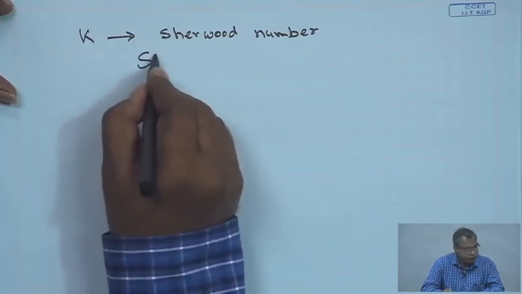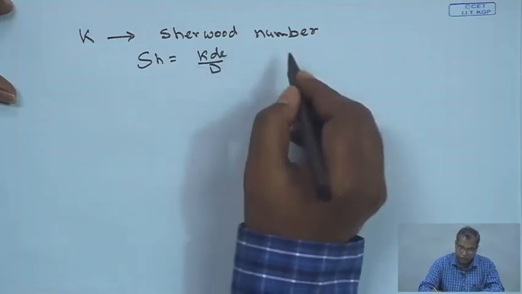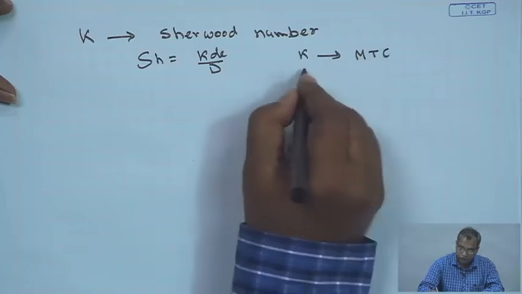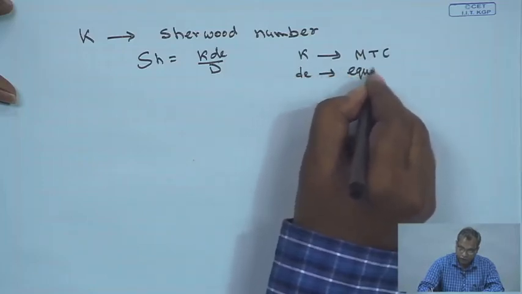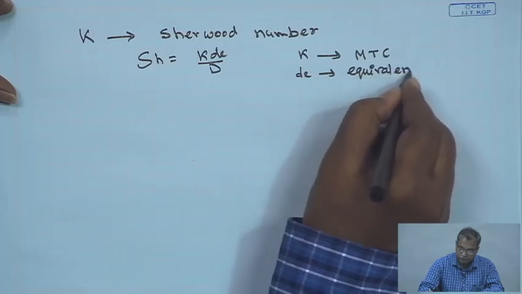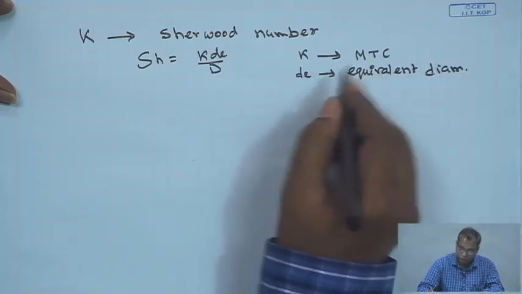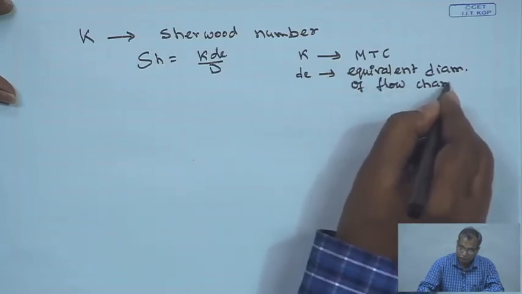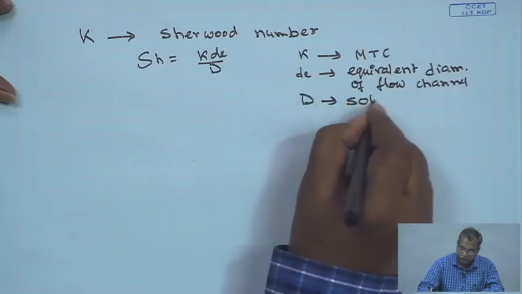Sherwood number is defined as K d equivalent by D, where K is the mass transfer coefficient, d equivalent is the equivalent diameter of the flow channel, and capital D is the solute diffusivity.